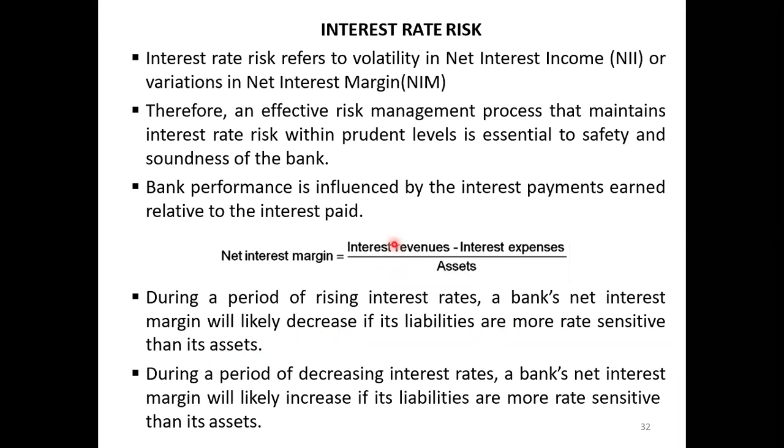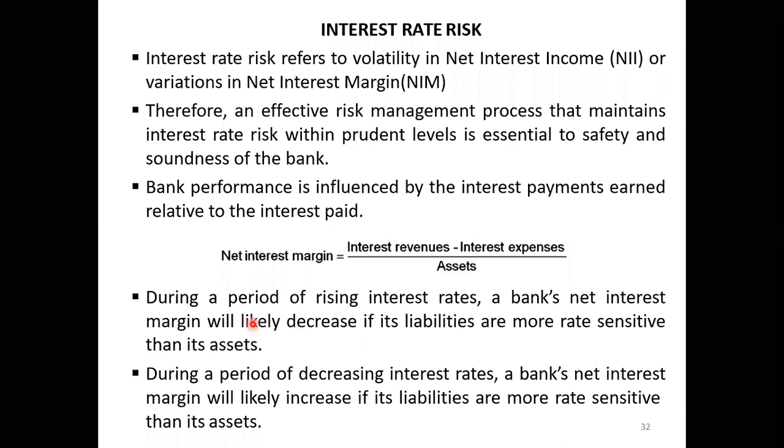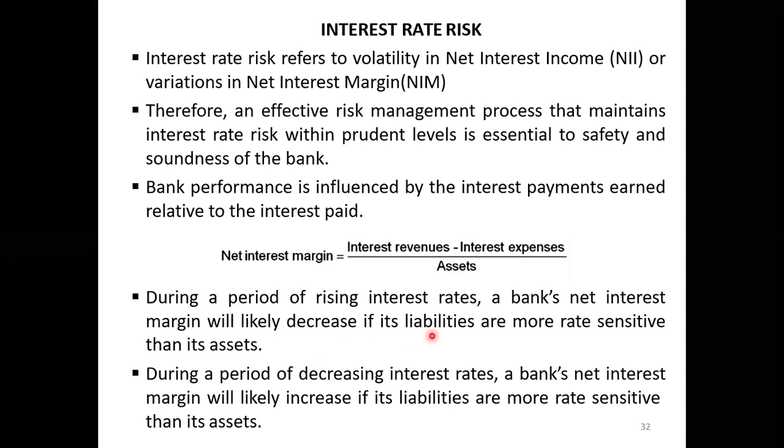This is expenses, this is revenue. When interest increases in the market, both should increase, no? Interest revenue also increases, and interest expense also increases. But here it says a bank's net interest margin will likely decrease if its liabilities are more rate sensitive than its assets, right?